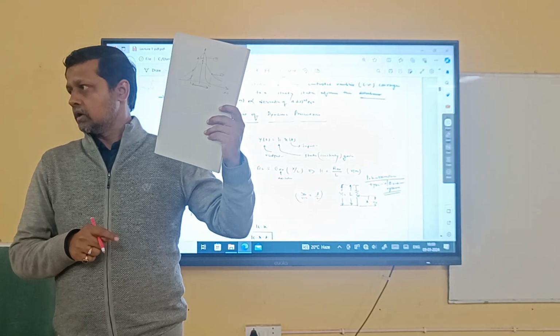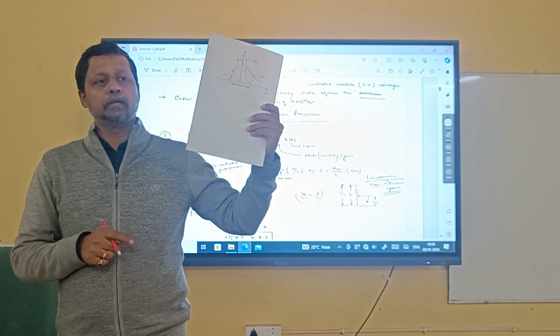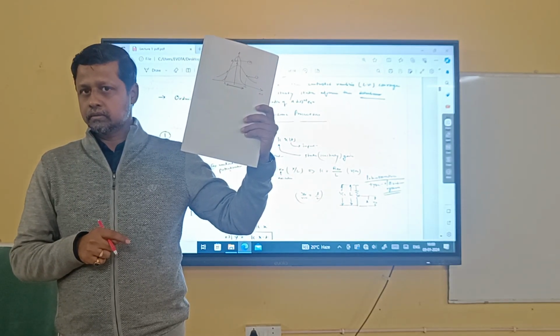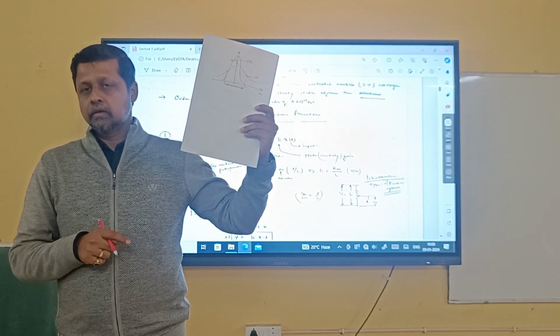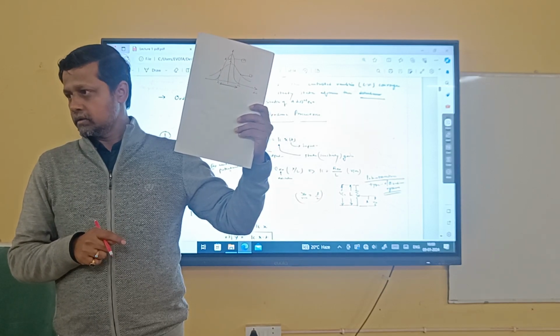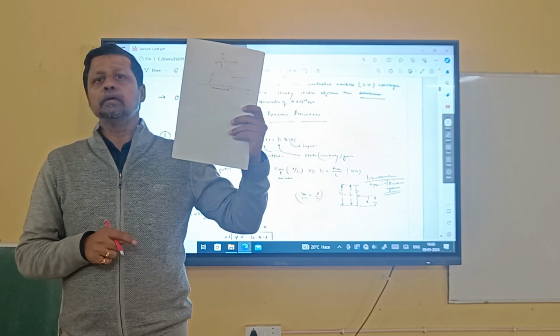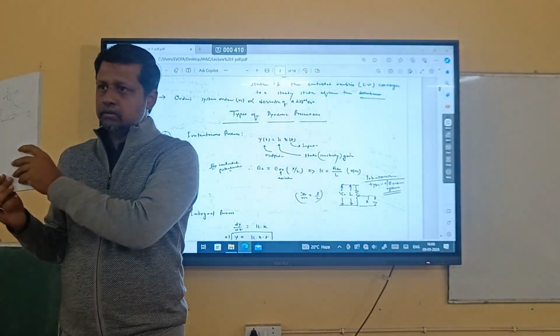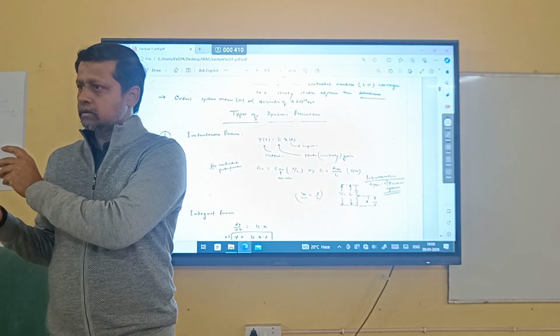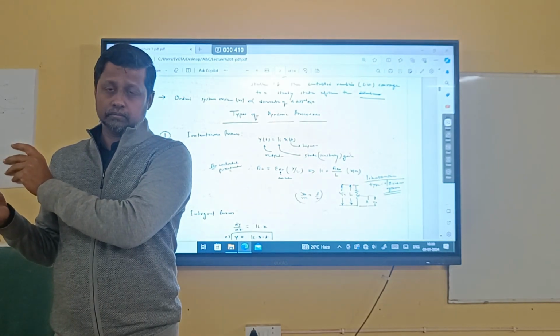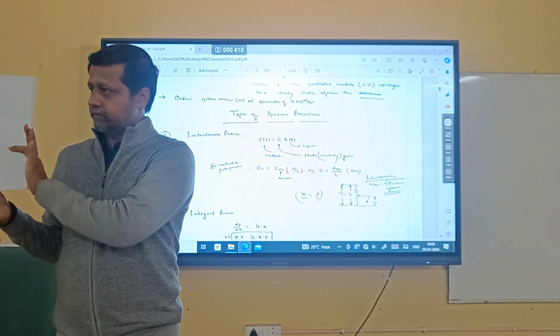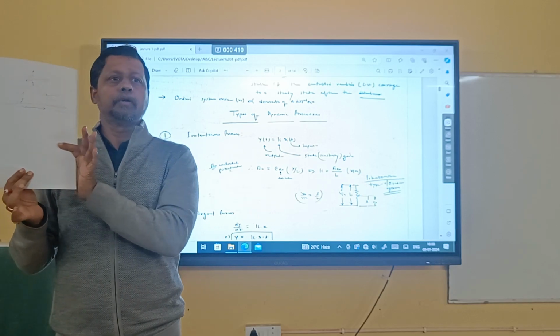Or characteristic 1 is offering wider bandwidth, a lower value of Q factor. Characteristic 2 is offering lesser bandwidth with higher Q factor. Everything is correct? Which one will offer you higher gain?